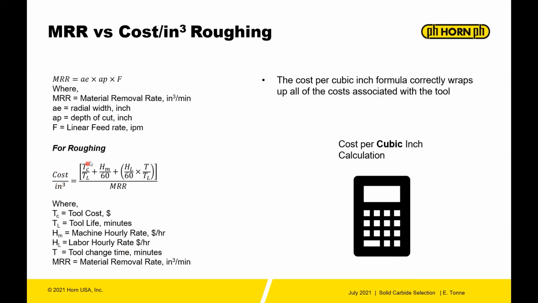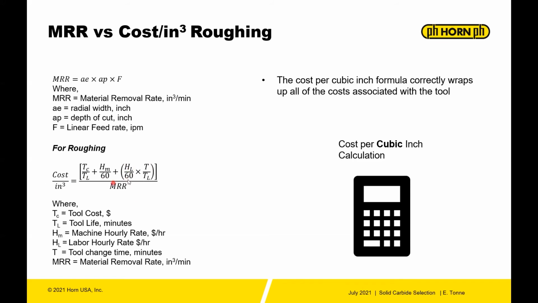On the top, you put the tool cost divided by the tool life, plus the machine hourly rate divided by 60. So you're essentially putting it into terms of minutes. And then your hourly labor rate, and you divide that by 60. So you're putting it in minutes.